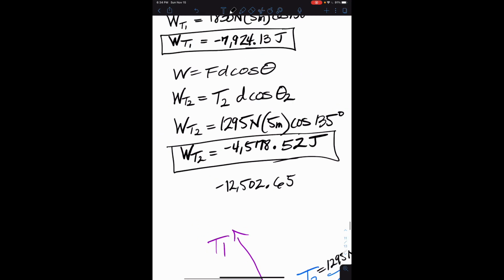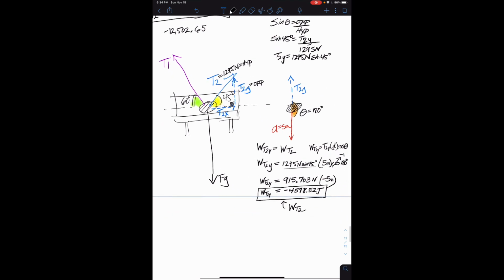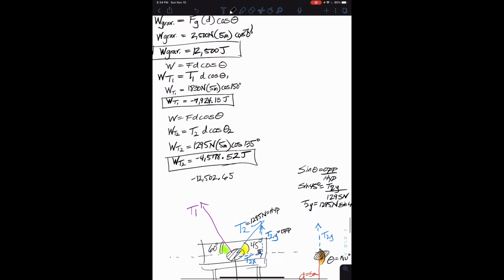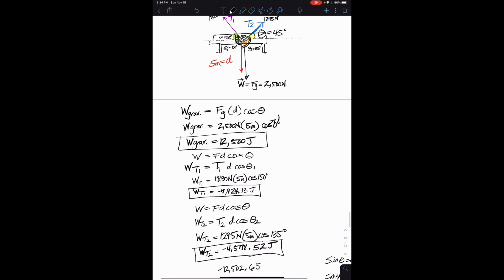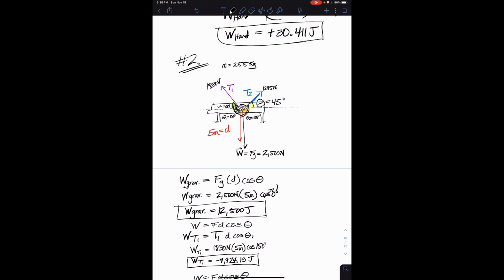So only the parallel component does work, which is the point of showing you that second way of looking at the work done by T2. The whole problem was, of course, to find the work done by each force, which happened to balance out because the piano was moving at a constant speed.